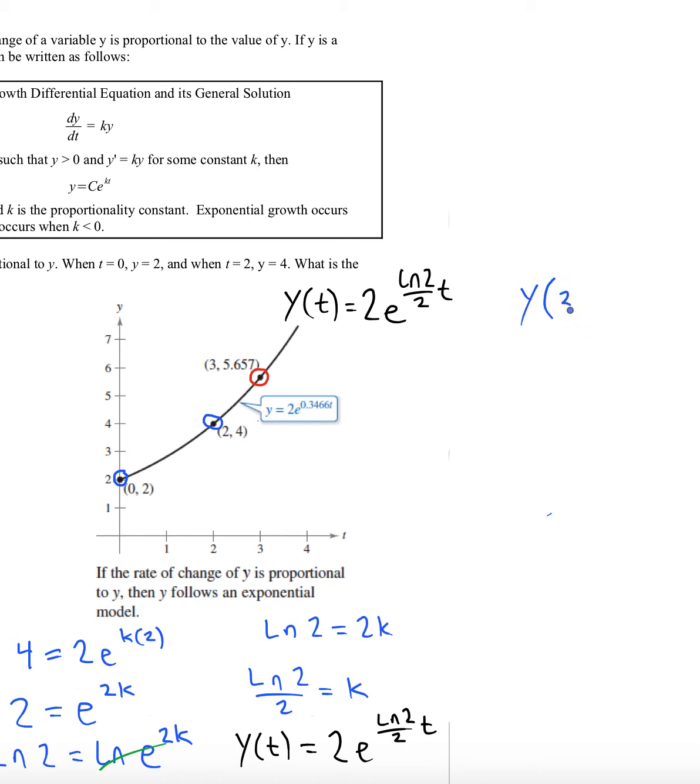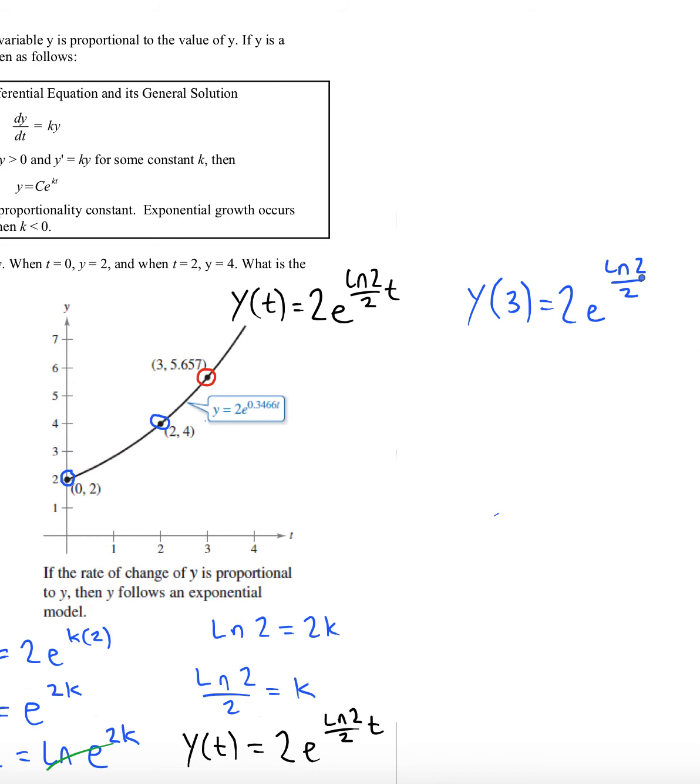We'll plug in a t of 3 here as well. I'll do this on calculator. It's approximately 5.657.